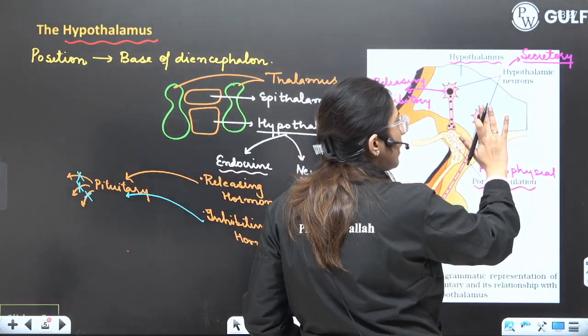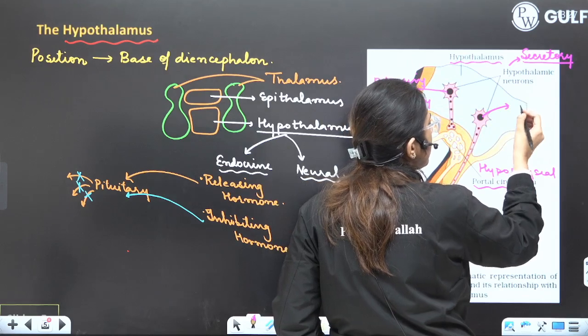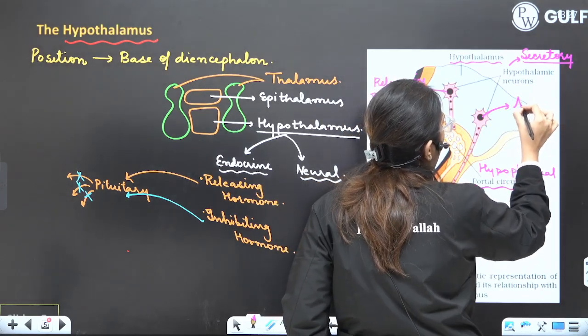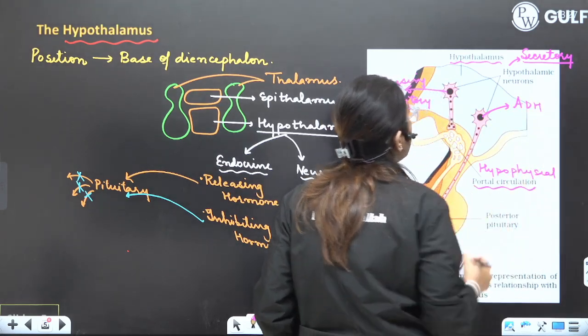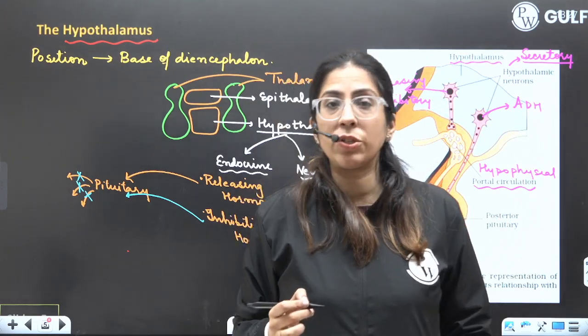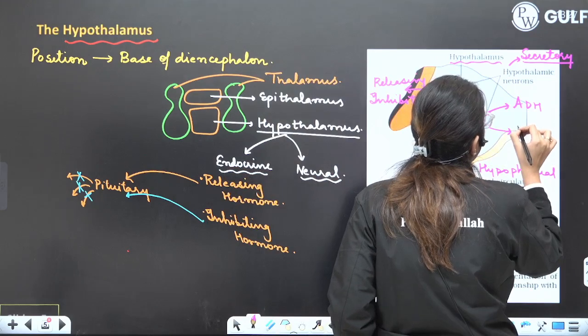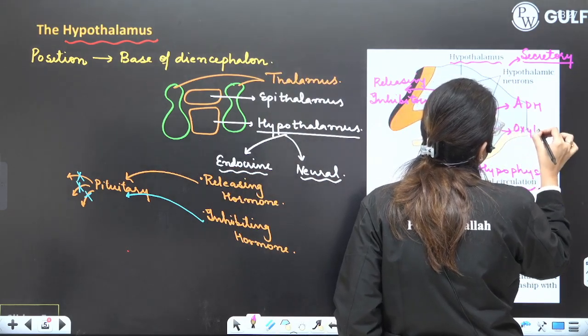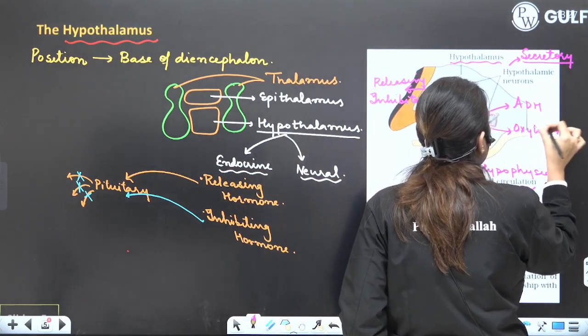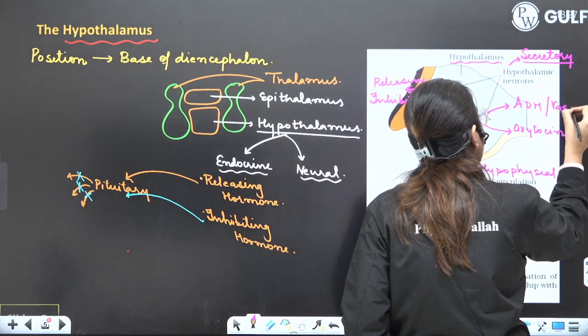Let's talk about the other part, the hypothalamic neurons present at the back side. These are also secretory in nature, and they secrete antidiuretic hormone, which we have done in excretory products and their elimination, ADH, and the second one is oxytocin. ADH's other name is vasopressin. You remember?